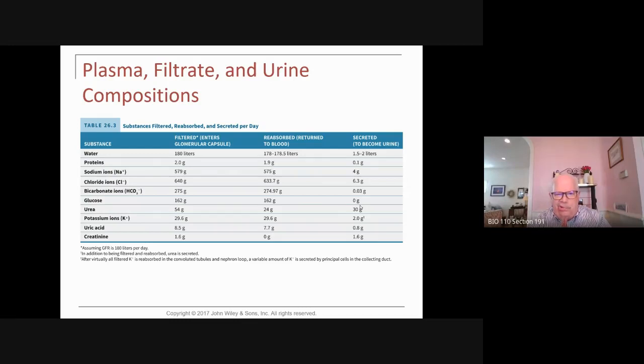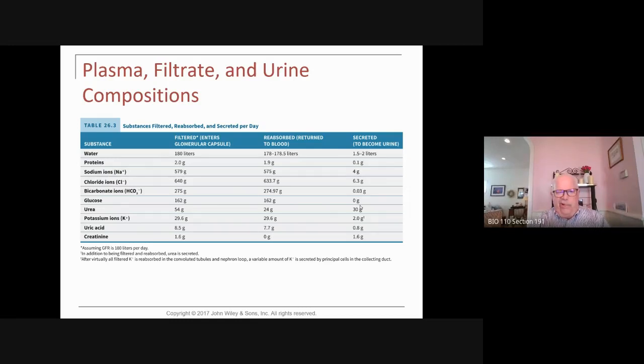If you look at this chart, the last 4 substances are waste. Urea, potassium, uric acid, and creatinine. All of those substances are considered waste.